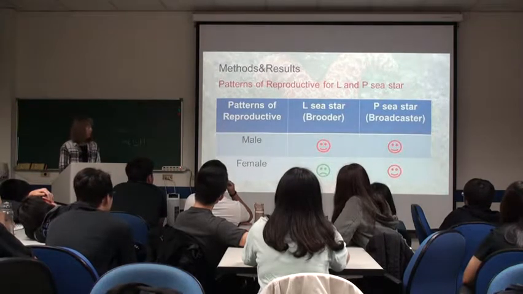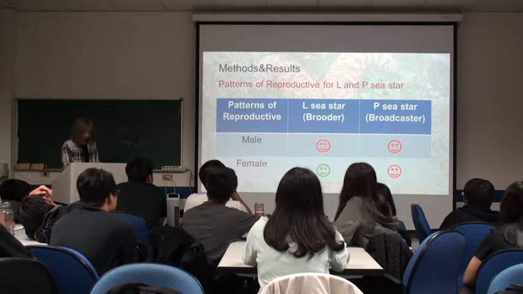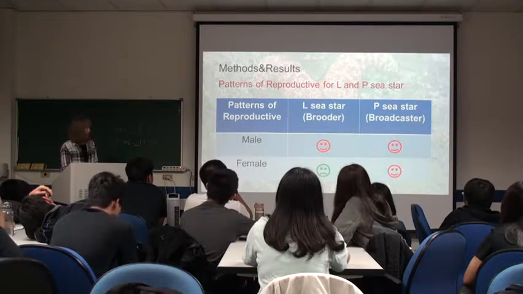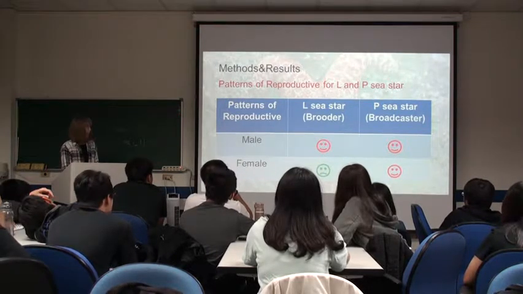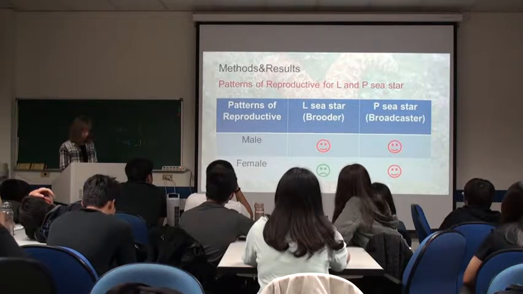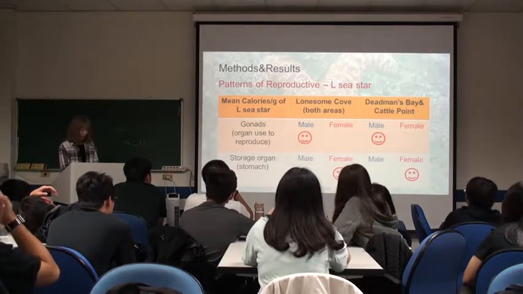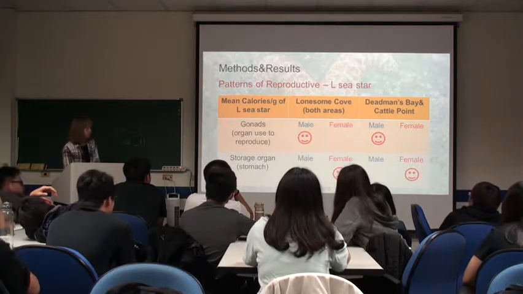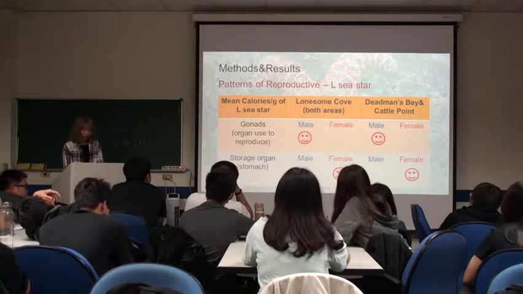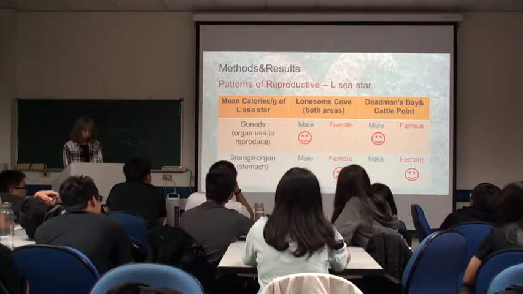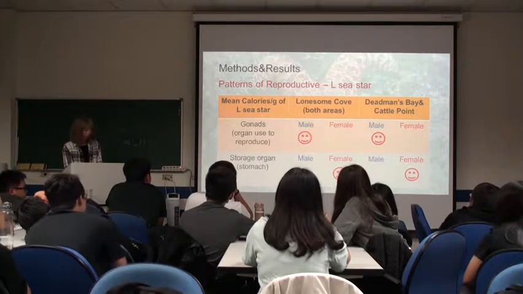Patterns of reproduction. Male LC star is the same as both sexes of PC star, but female LC star is different from them. So I only use LC star to explain. We can use mean calories per gram of LC star to see the reproductive pattern of male and female.